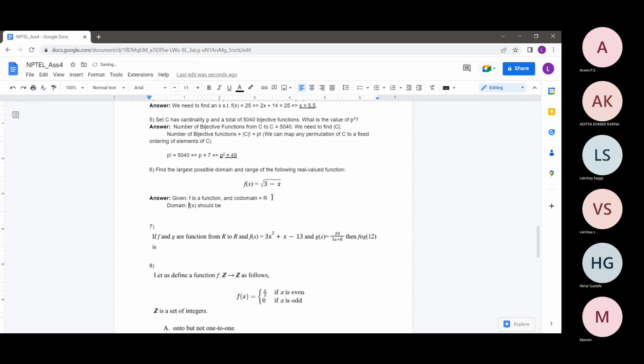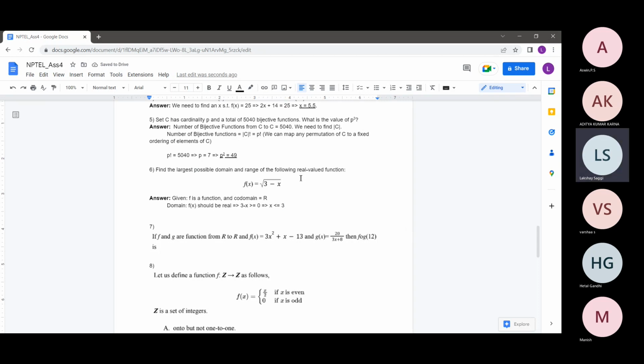For finding the domain, f of x should be real, and this implies that the square root of 3 minus x should be real. And the square root function is real only if the value inside it is greater than or equal to 0. So 3 minus x should be greater than or equal to 0, and this implies that x should be less than or equal to 3.